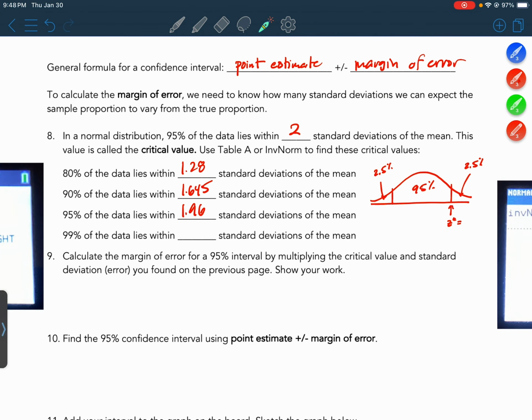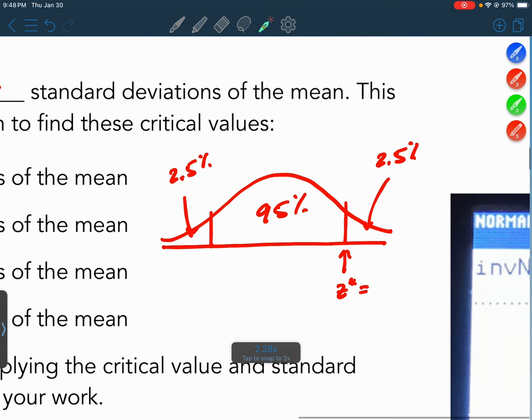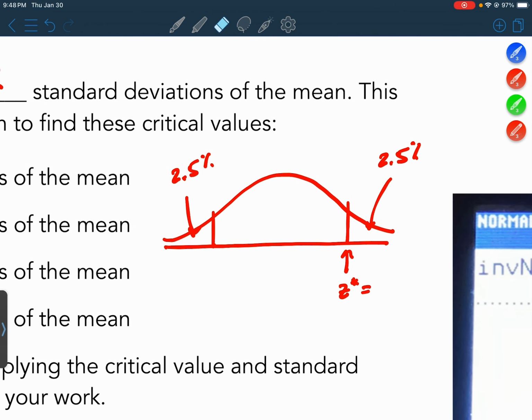Final one here is if we have 99% in the center. For our picture now, we'll write 99%. So we're going to have 0.5% in the left tail and 0.5% in the right tail.